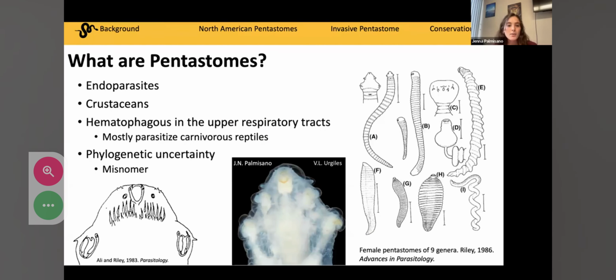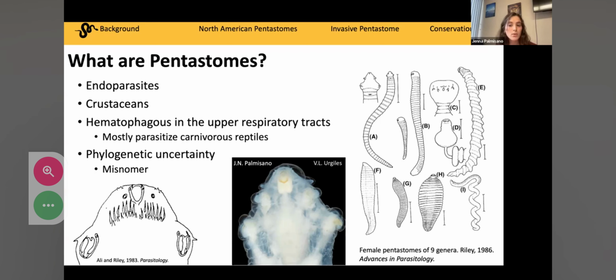So we've been chatting about these pentastomes. What exactly are pentastomes? They are endoparasitic crustaceans. They reside in the upper respiratory tracts of carnivorous reptiles, mostly, besides a couple that infect mammals and birds, if you don't consider birds reptiles. Just to remind everyone where crustaceans lie in the tree of life, Crustacea is a subphylum of arthropods, and the phylum of arthropods is usually characterized by chitinous exoskeletons, segmented bodies, and paired jointed appendages, all of which pentastomes have.